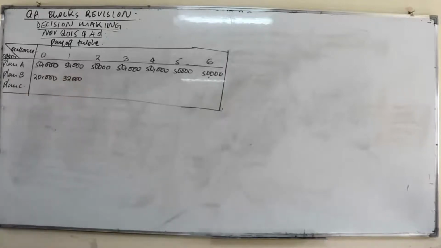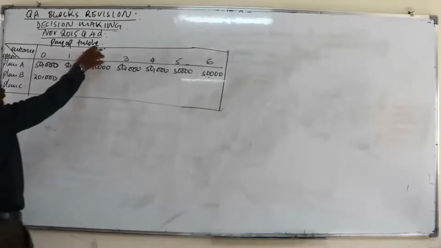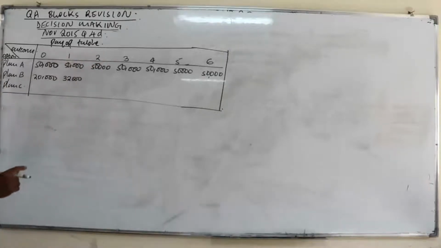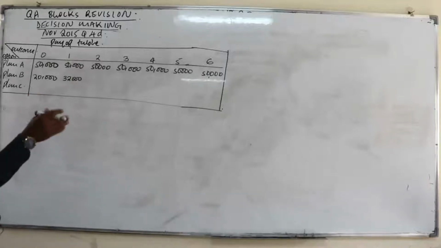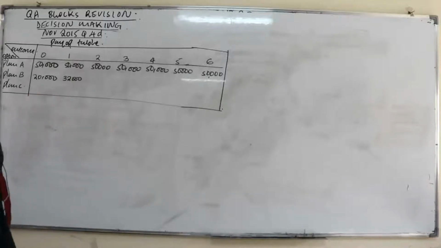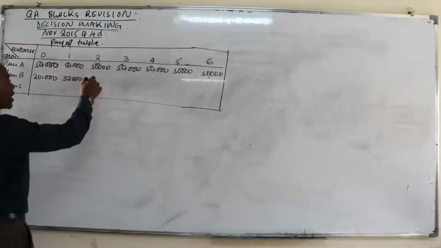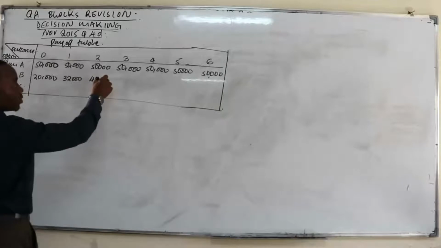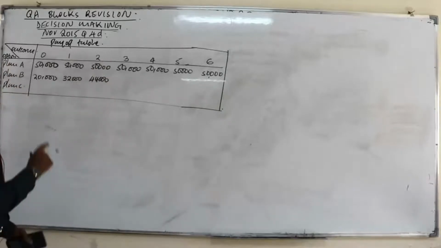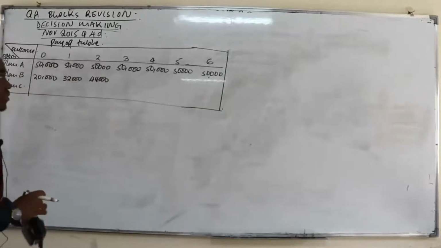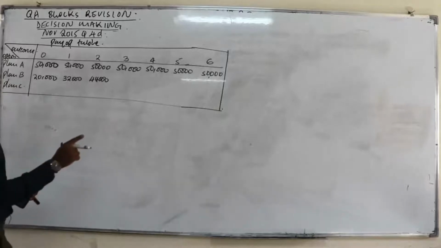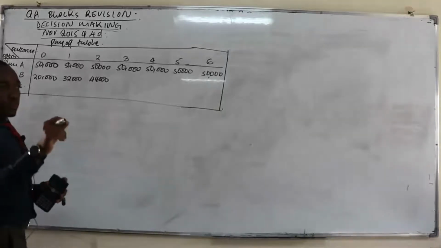you get 32. Then if you sell 2 houses, that means you have a salary of 20,000 plus a commission of 12,000 per house. So 12,000 times 2 gets 24 plus your fixed salary of 20,000. That means you'll have 44. If you sell 3 houses, it's 3 times 12, that means you have a commission of 36 plus your salary of 20,000.